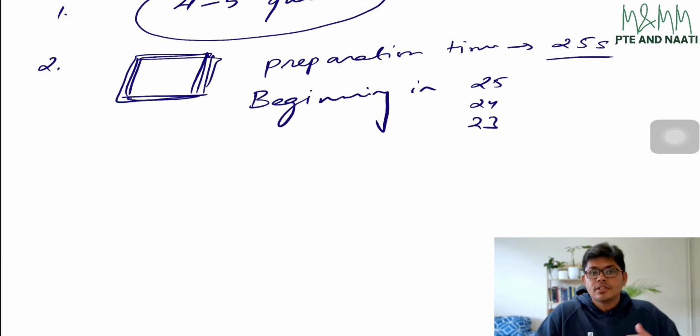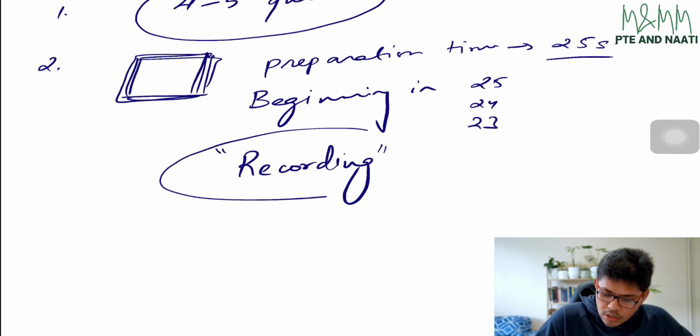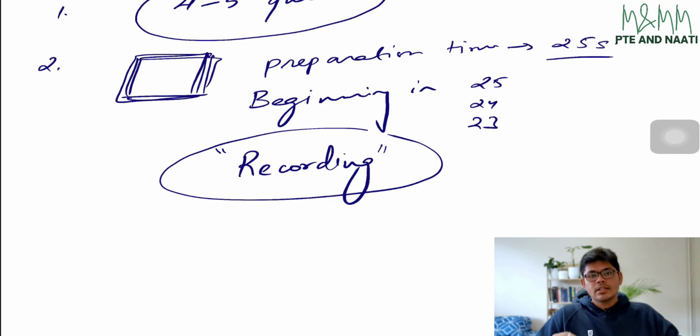What happens after that? Let's say the preparation time of 25 seconds is finished. You will now see the word recording. This is like a green signal. Whenever you see the green signal, that's when you start driving, right?